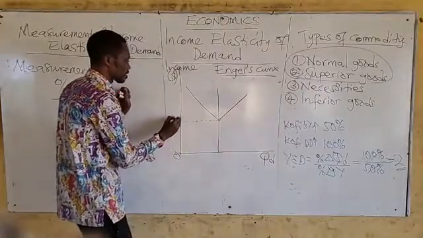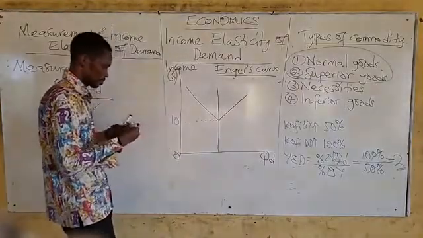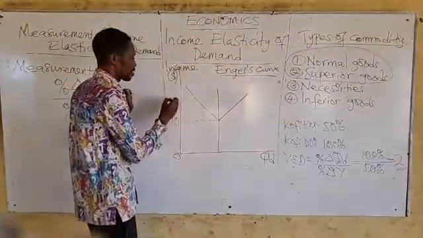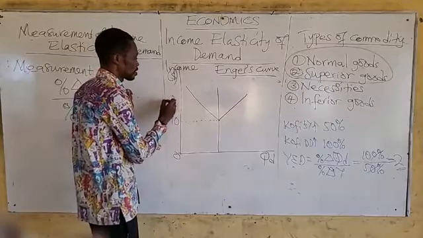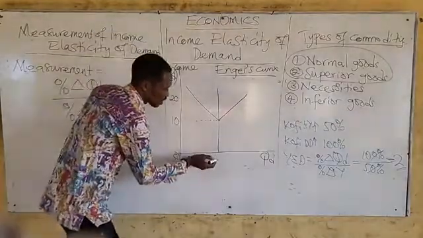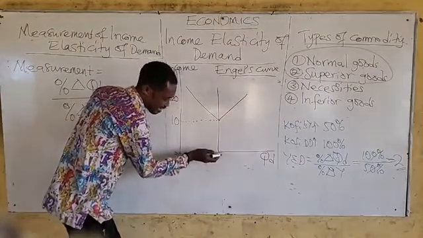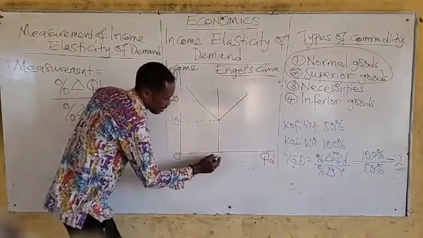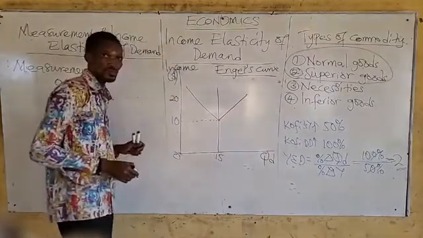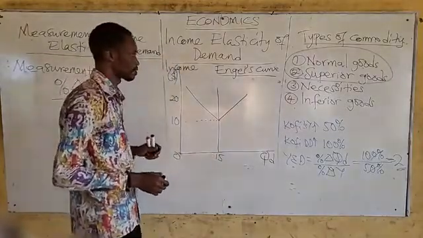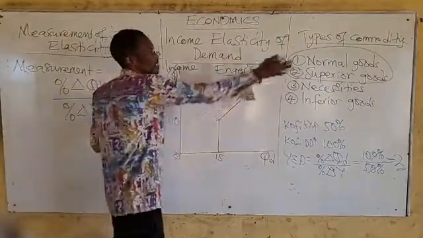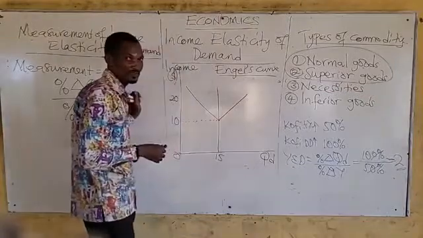This income is 10. And I have another income here, which is 20. Now the quantity that you are buying at this particular point, let's say is 15.